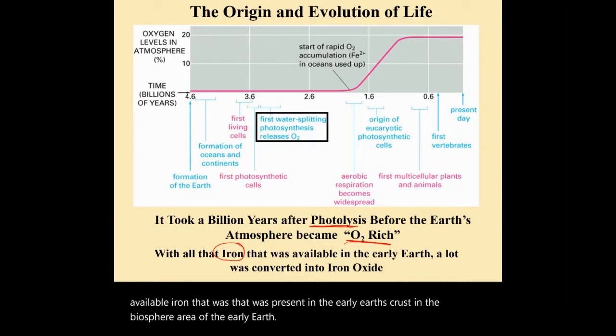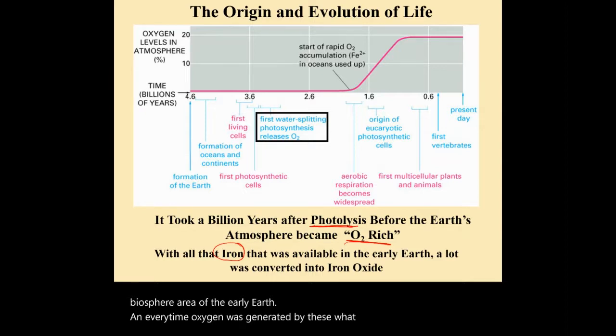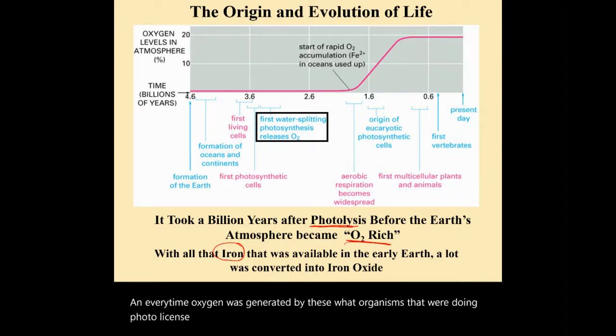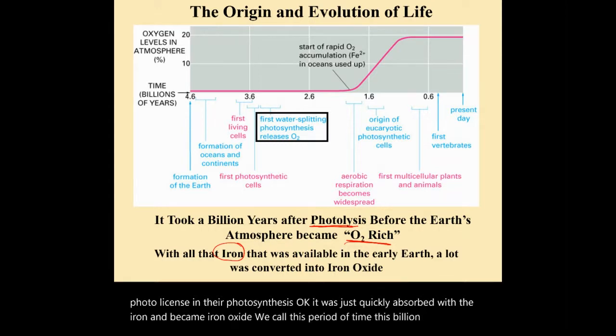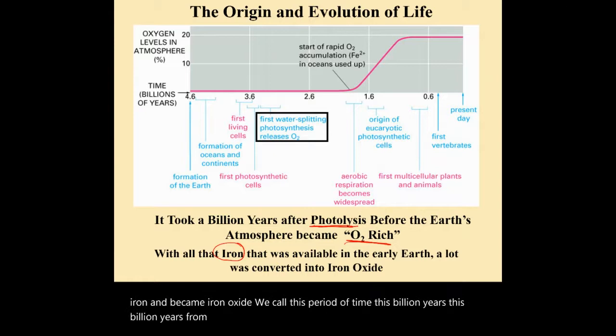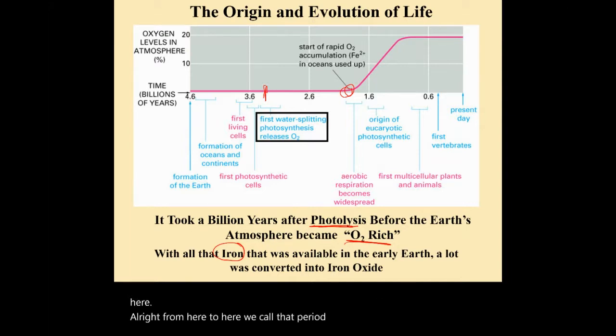Every time oxygen was generated by these organisms doing photolysis in their photosynthesis, it was quickly absorbed by the iron and became iron oxide. We call this period of time, this billion years from when we first started to do photolysis until this point over here, the rusting of the earth.